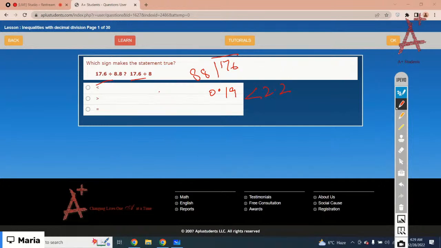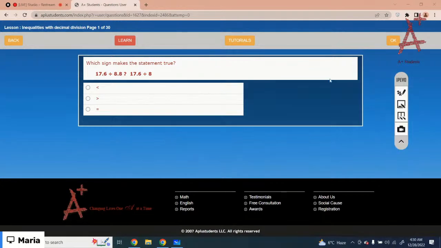Got it? So the correct option is less than. Just select the correct option, then click on the OK button.